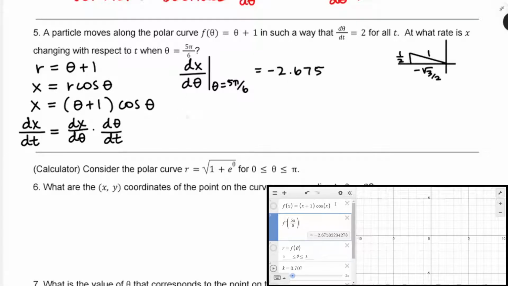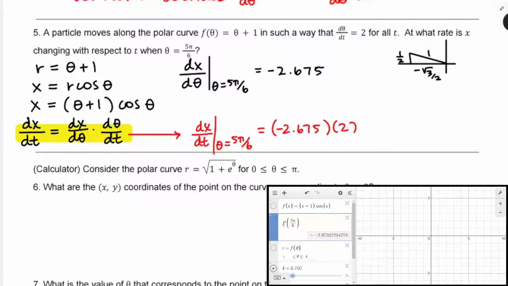Okay, and then I'm going to use this equation right here to tell me that dx dt at 5 pi over 6 is going to be that negative 2.675 multiplied by 2, and the next decimal is 0 on the calculator, so that's negative 5.350.